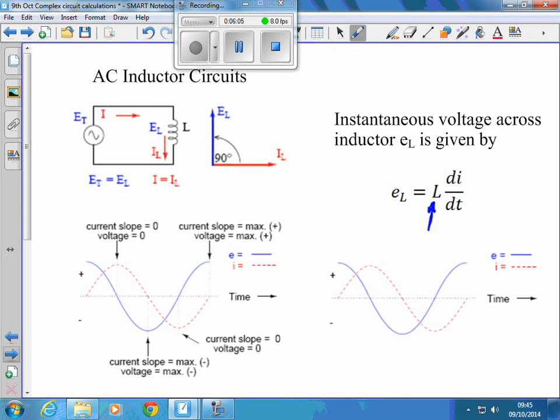What is di by dt? Andrew, got any idea? It's a differential. So what is the differential? How would we say that in words?